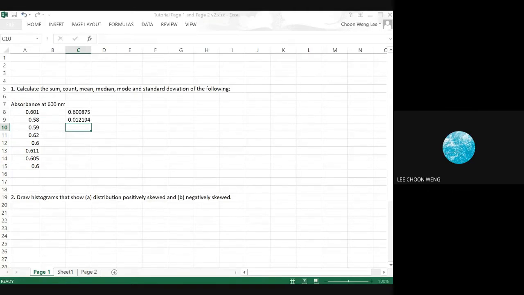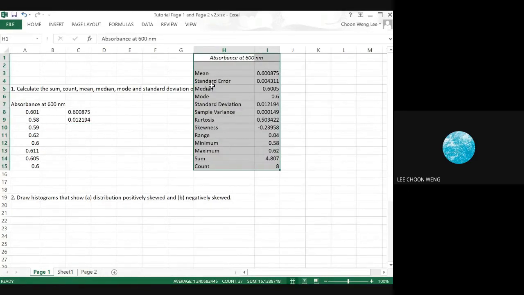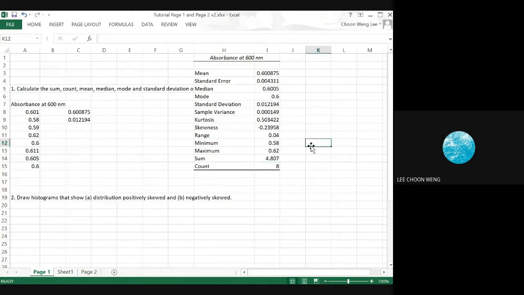Then we want the summary statistics. That will give you your mean, your standard deviation, also your count. This is useful if you have a lot of data, many columns, and you can just highlight all of them and generate the sample statistics.